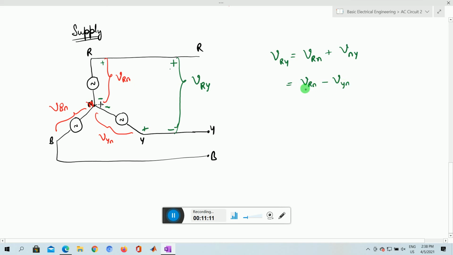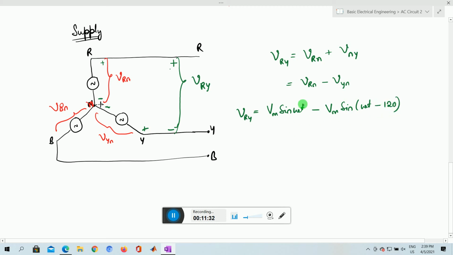In this way also we can write. So let us substitute the values. VRY is equal to Vm sine omega t minus VYN, which is Vm sine of omega t minus 120 degrees.